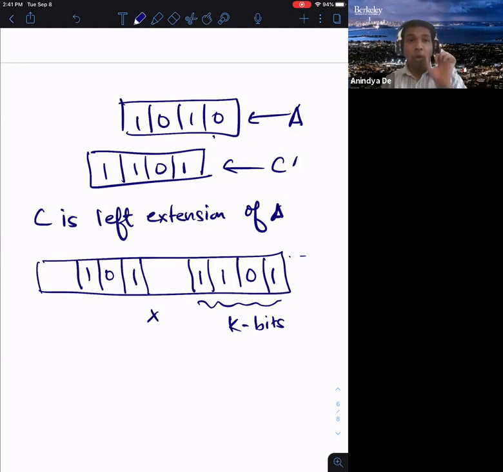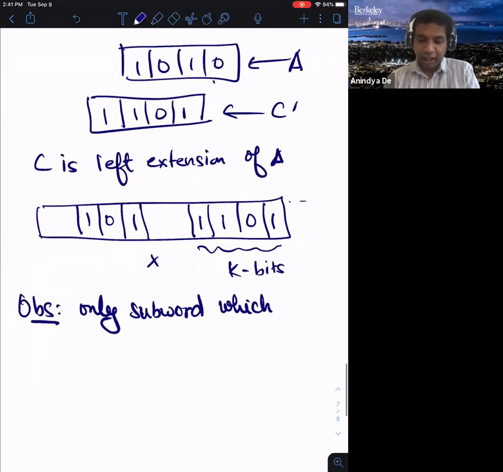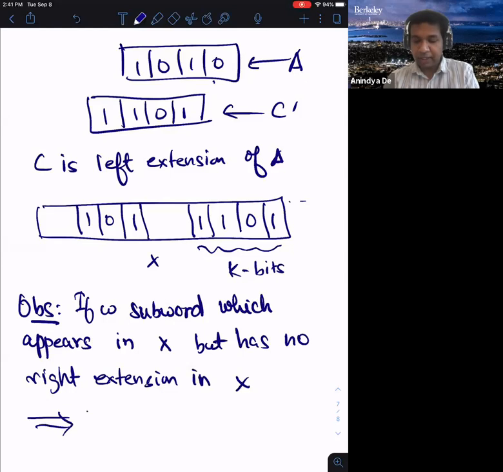But I'm saying, observation: if W is a subword which appears in X but has no right extension, that is, any right extension of W does not appear in X, then it implies that W is the last K bits.